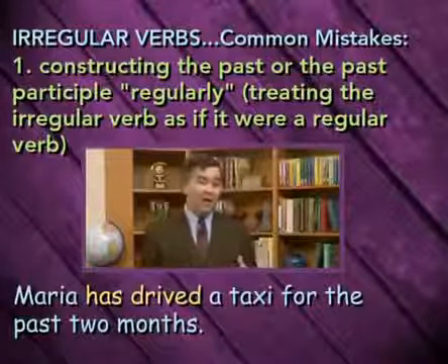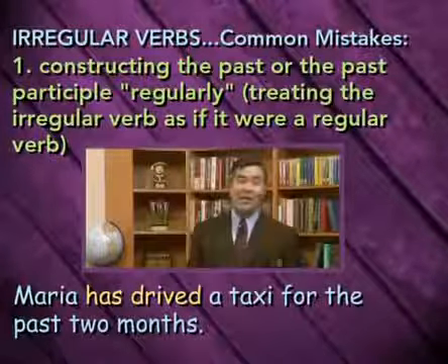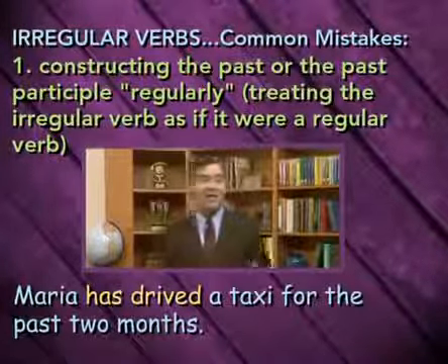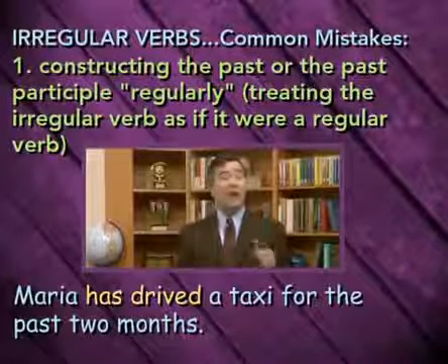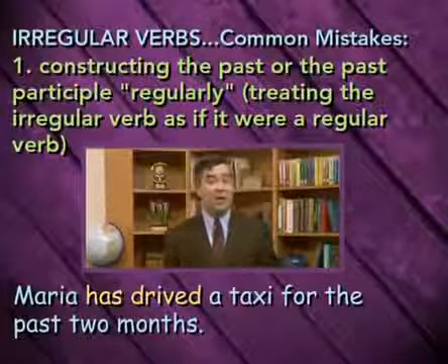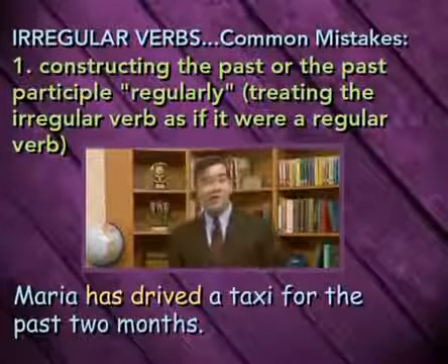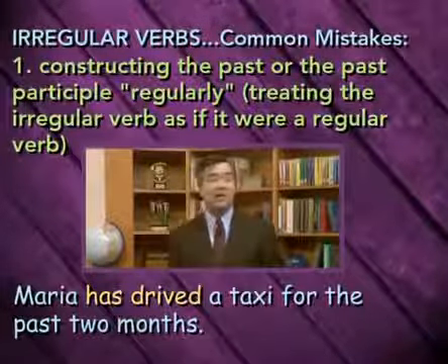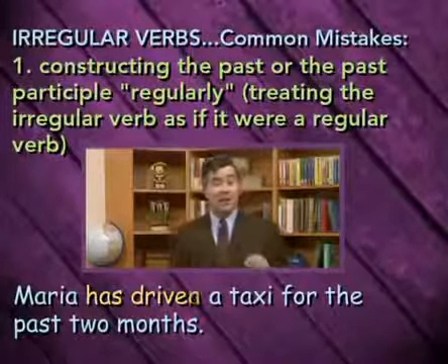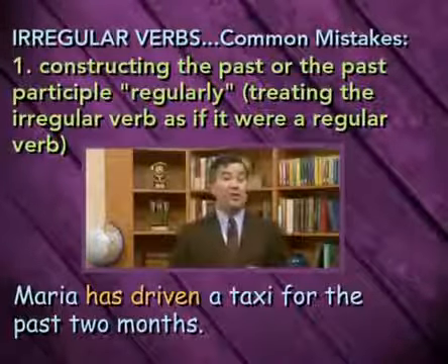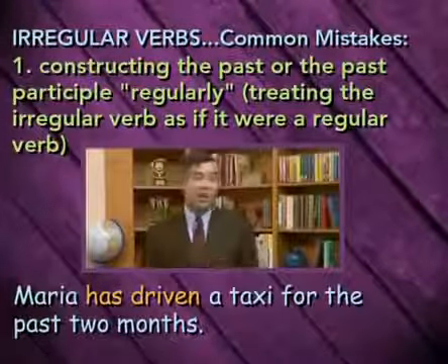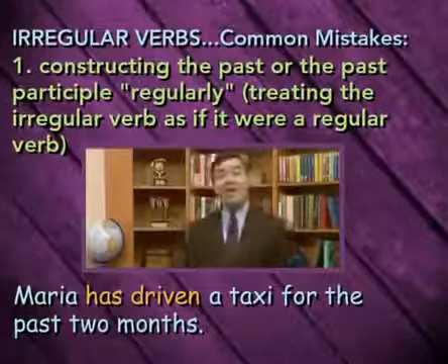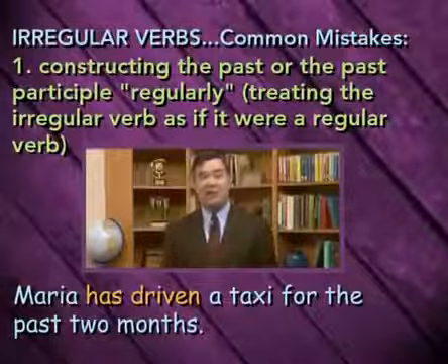That would be correct if drive were a regular verb, but since drive is an irregular verb, that's not correct. Instead, we have to figure out how the past participle of drive is actually formed. And as you can see in your study guide, the past participle of drive is driven. And that would be the form of the verb that you would use with the helping verb to have. The sentence correctly should read, Maria has driven a taxi for the past 2 months.